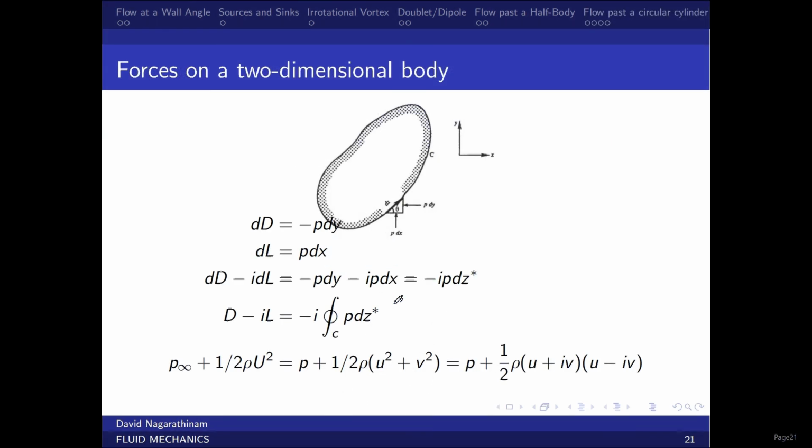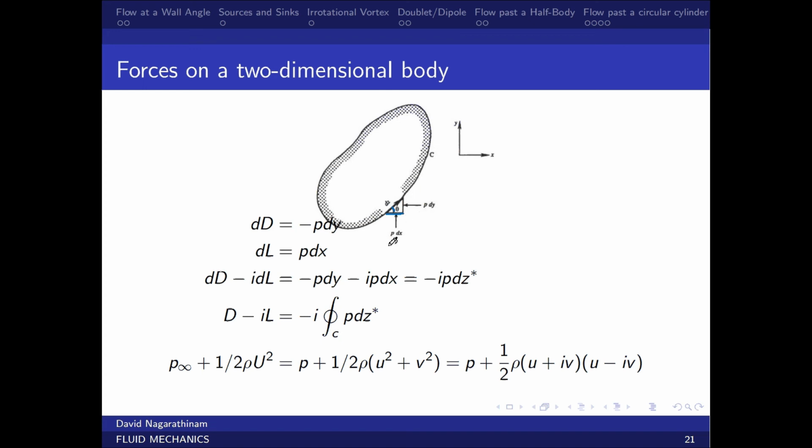Now, let's consider the derivation of the force that is exerted on an arbitrary two-dimensional body in a potential flow. Here, the arbitrary two-dimensional body is going to be represented by this particular form. Here, theta is the position of an arbitrary element of the two-dimensional body.